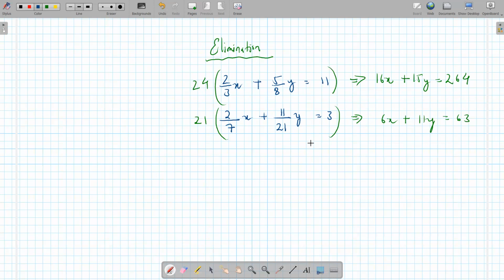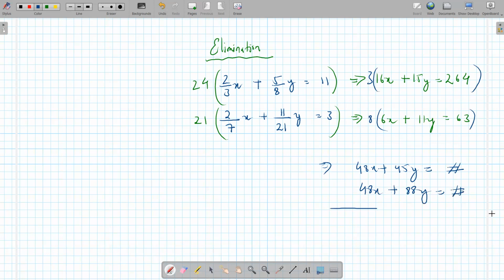So you multiply this by 3 and this by 8, and that'll give you 48x plus 45y equals whatever that number is. This will give you 48x plus 88y equals 63 times 8, and then you just subtract them. So if you do it this way, you don't have to deal with fractions.